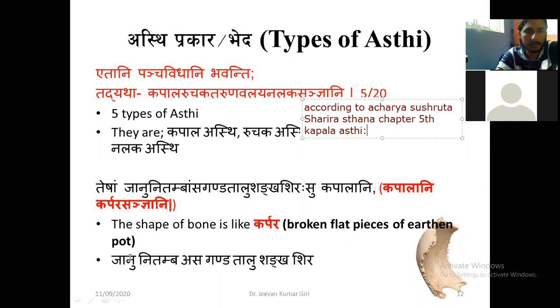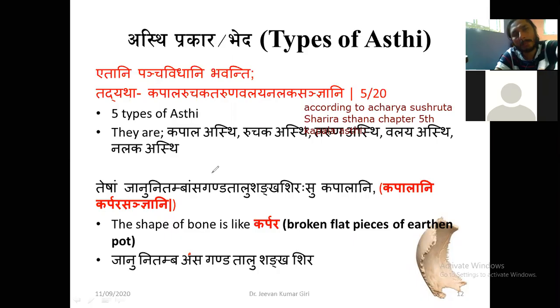You will find the Kapala Asthi in Janu, Nitamba, Amsha, Ganda, Talu and Sankha, then the Asthi of Sira. These all are Kapala Asthi.